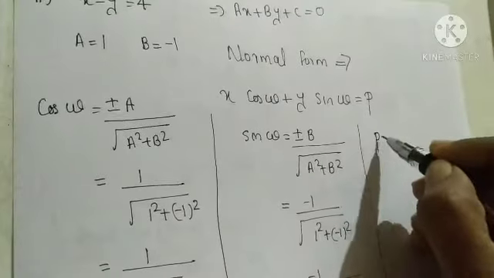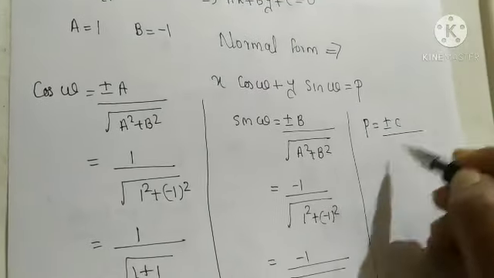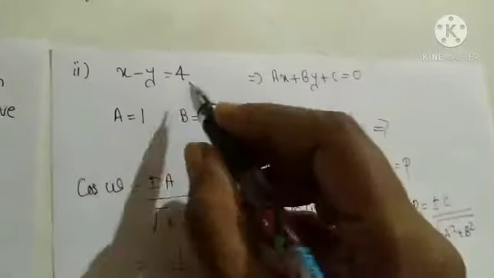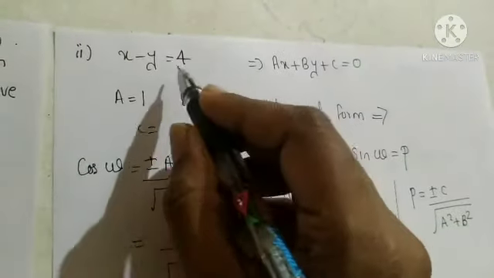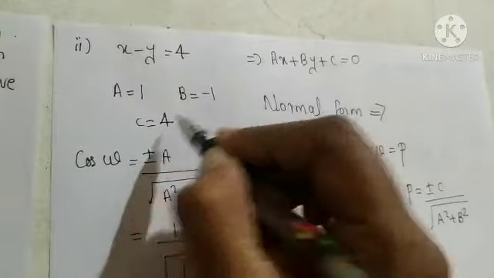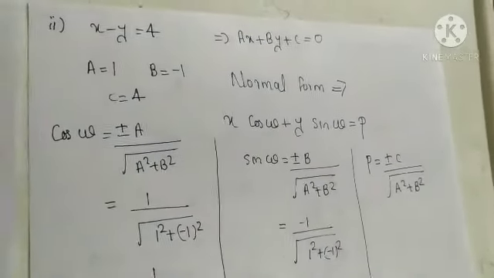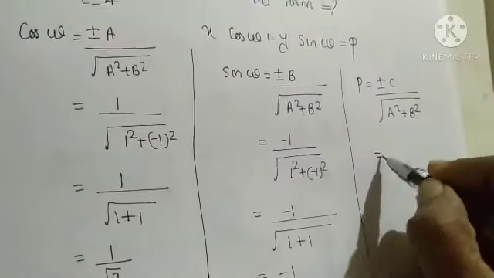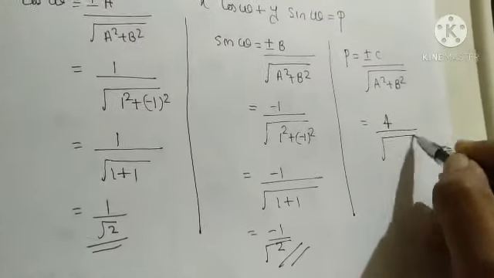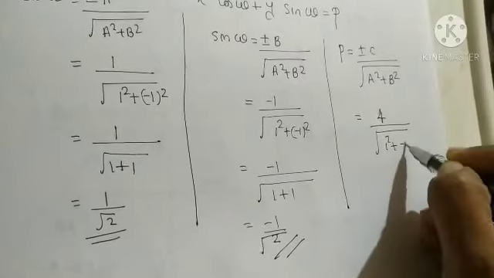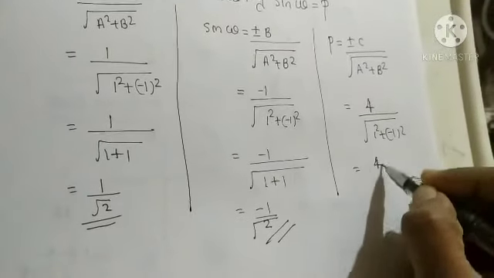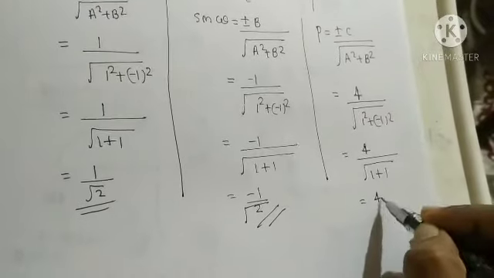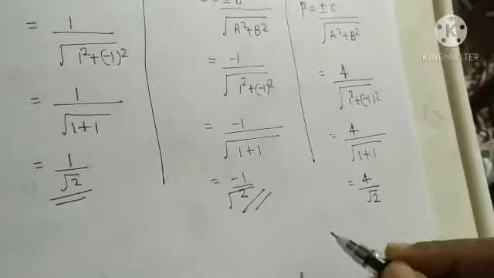Next, the value of p is equal to plus or minus c divided by root of a square plus b square. Here c is 4. c is always positive. So it will be equal to 4 divided by root of 1 square plus minus 1 all square, is equal to 4 divided by root of 1 plus 1, is equal to 4 by root 2.